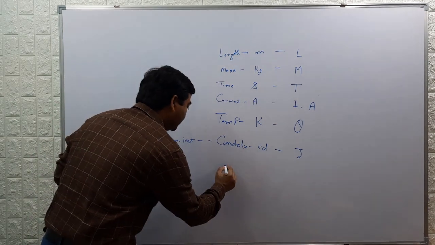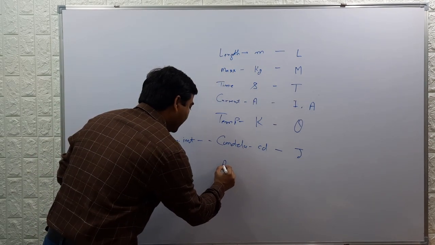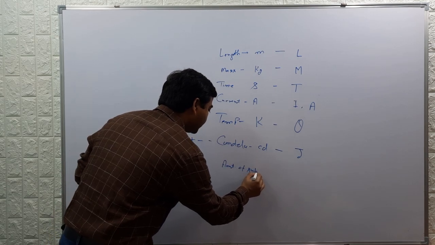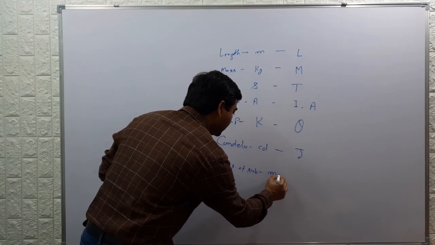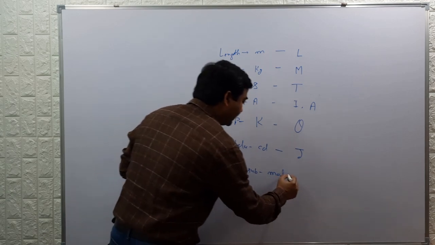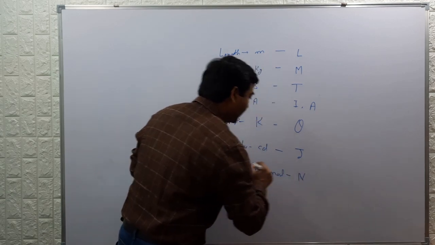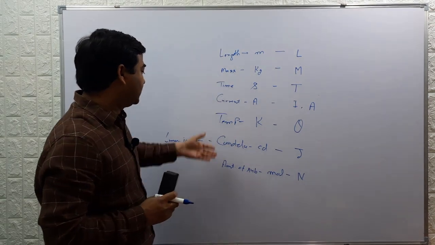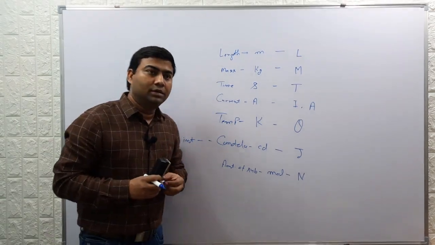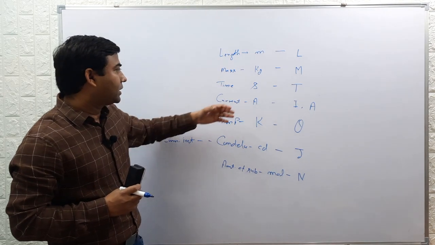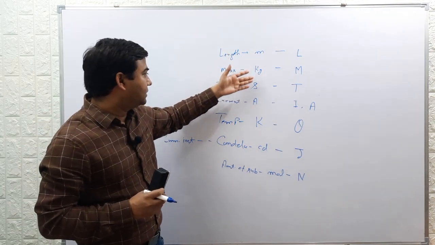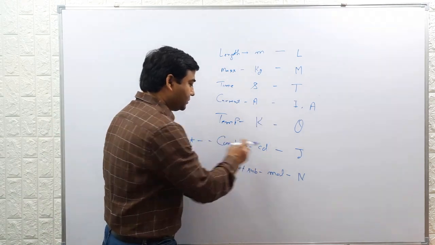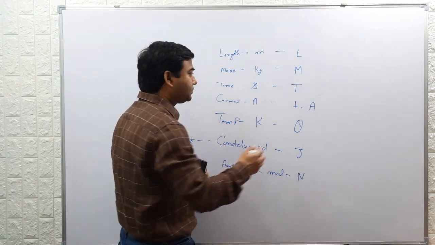And the last is mole, that is amount of substance. Its SI unit is mole and its symbol is N. So these are the 7 base units in the SI system, and these are the symbols which are approved in the SI system.